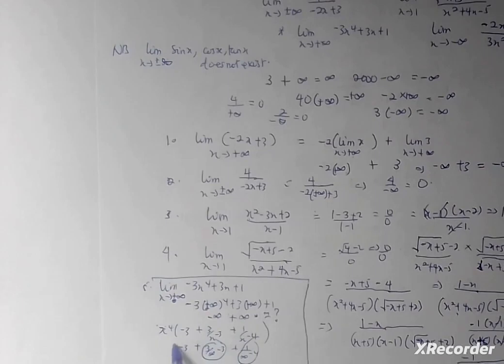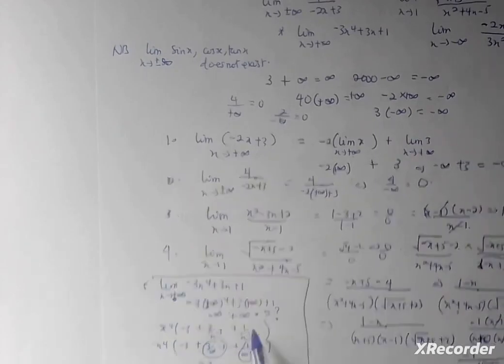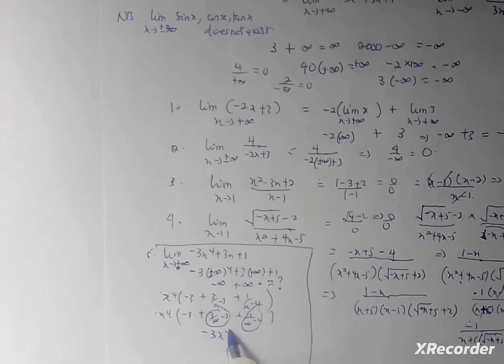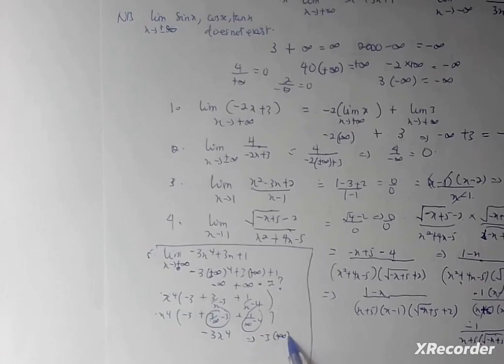So therefore, I'll end up getting negative 3 x to the power 4 as this. Then here I'll put my infinity sign, simply negative 3, then positive infinity.